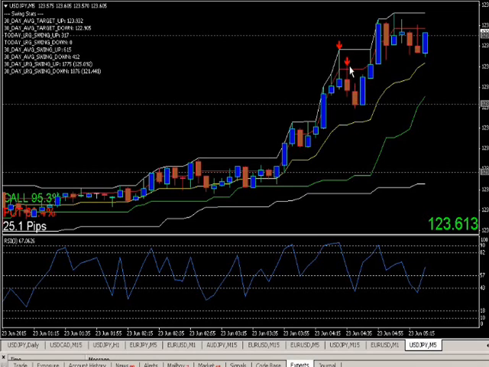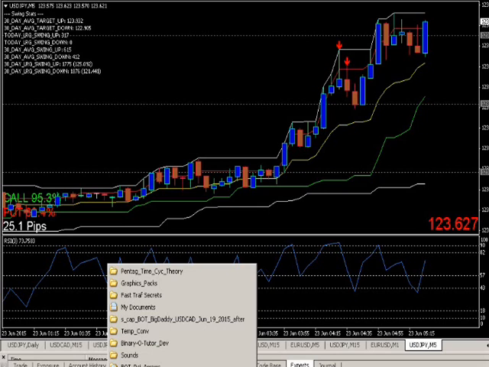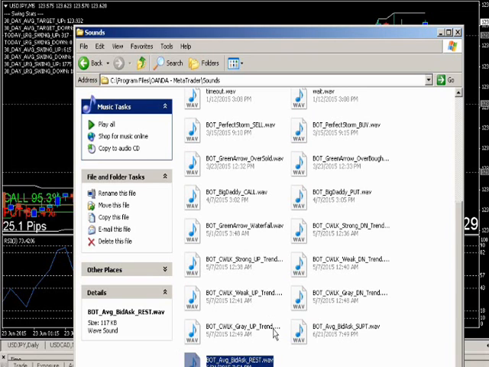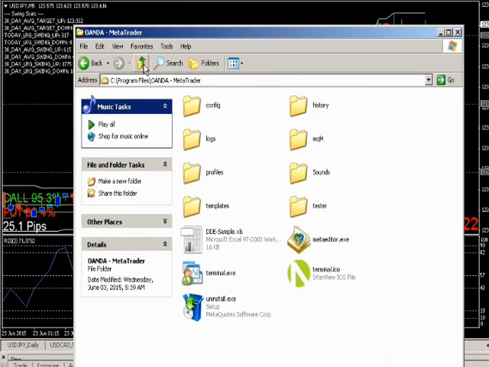Then download the updates and put the sounds into the sounds directory, because there are two sounds, one for support, one for resistance.